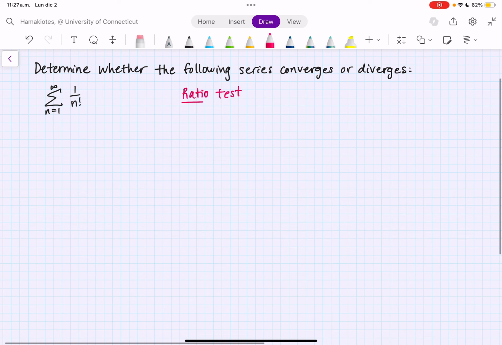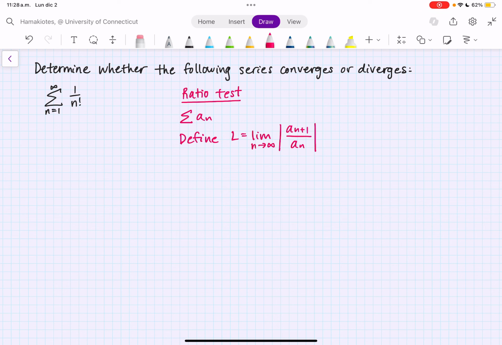Well, first let's review what the ratio test tells us. The ratio test tells me that suppose I have some series and I define a limit L in terms of part of that series. So if I'm summing the a_n, then L is going to be the limit as n approaches infinity of a_{n+1} over a_n. Then if L is less than 1, then the series converges.